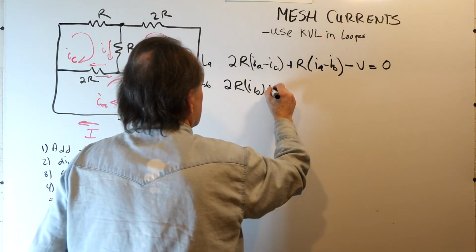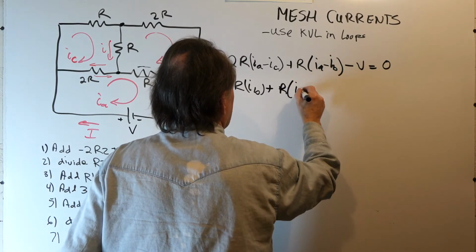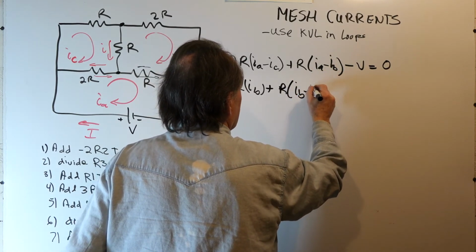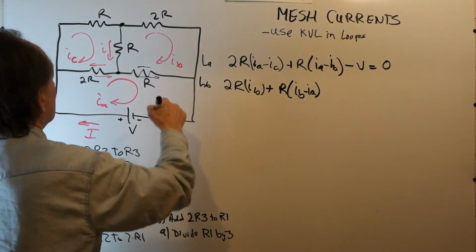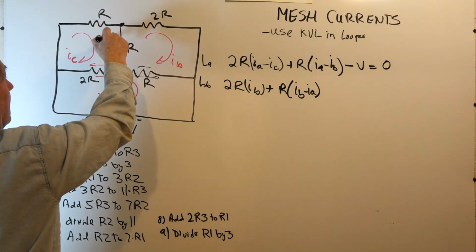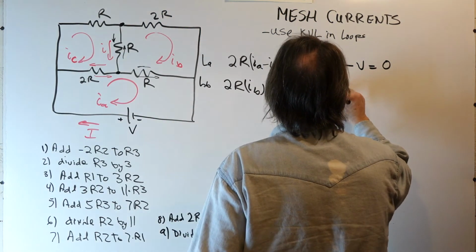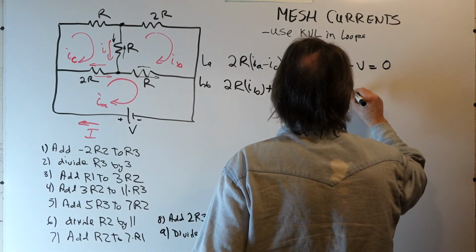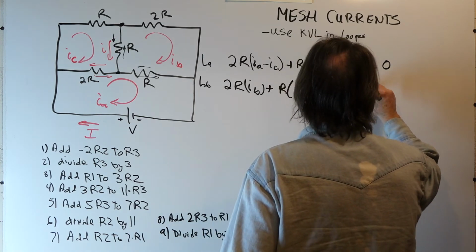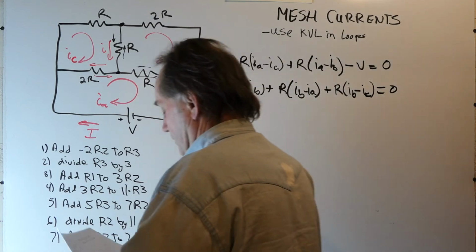So in this case, the positive direction is with IB, so we have R times (IB minus IA). And then the current in this resistor, IB is upward, IC is downward. So we have R times (IB minus IC), and there are no voltage sources, so that's equal to 0.